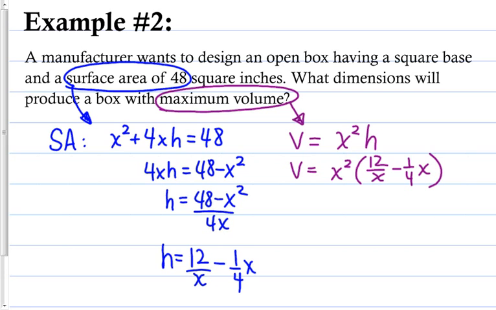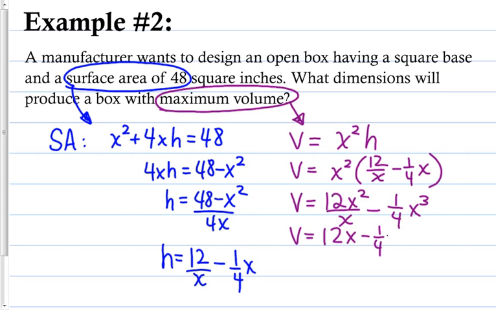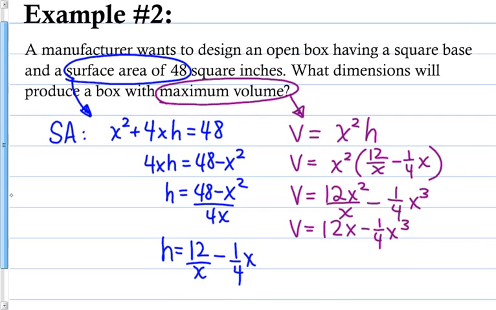All right, so I'm going to distribute, make this equation a little easier to derive. So x squared times 12 over x minus 1/4 x cubed. Okay, so 12x squared, the x's in the first part can cancel out, so I have 12x minus 1/4 x cubed. So there's my equation. That's what I'm going to derive.